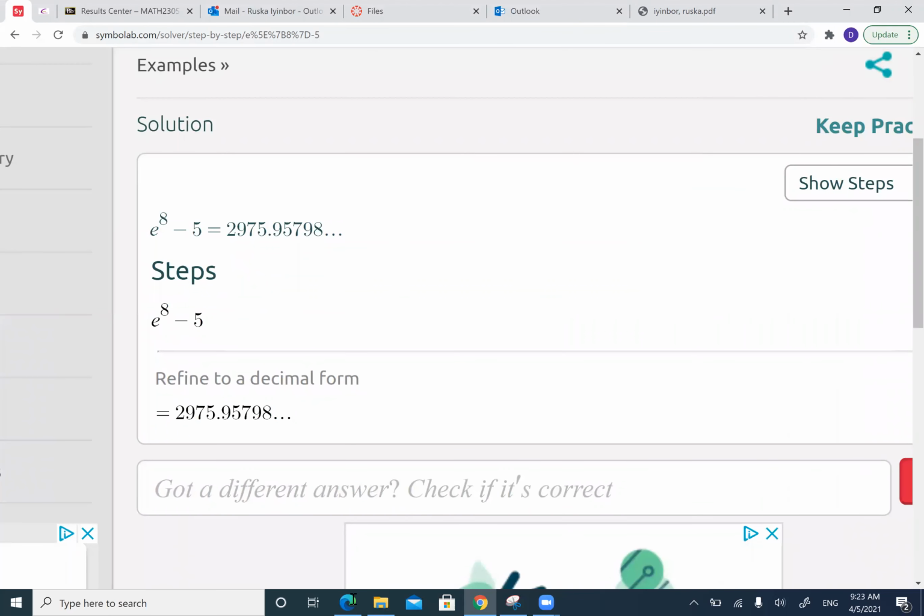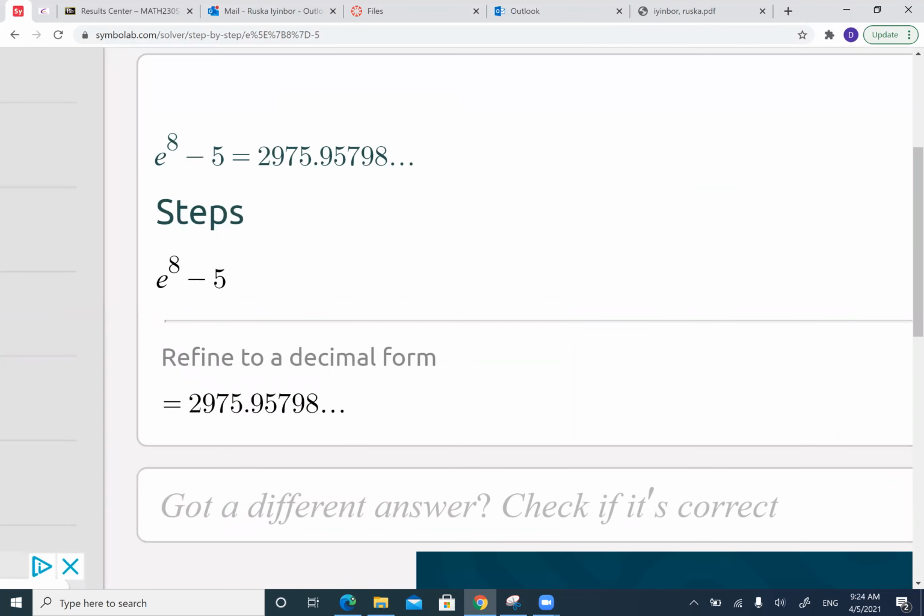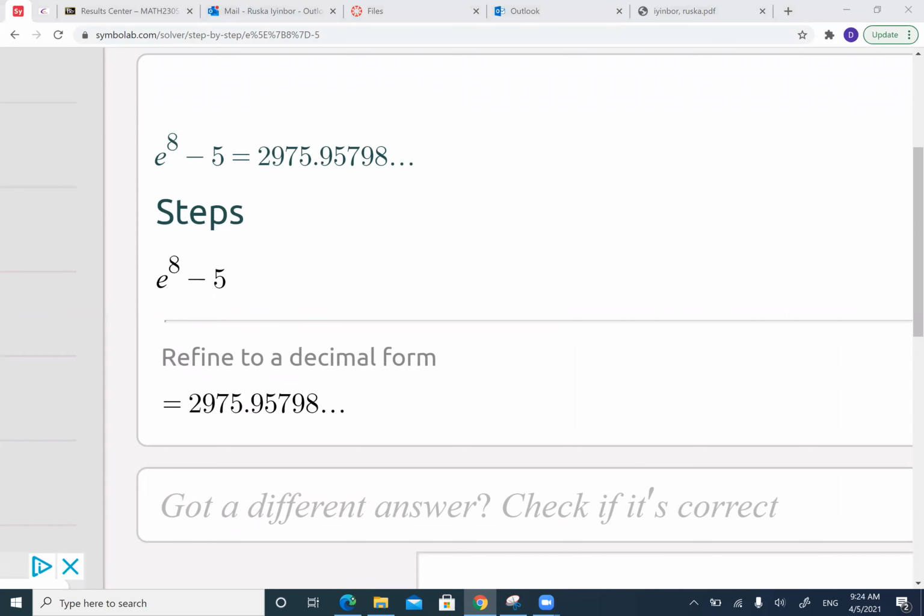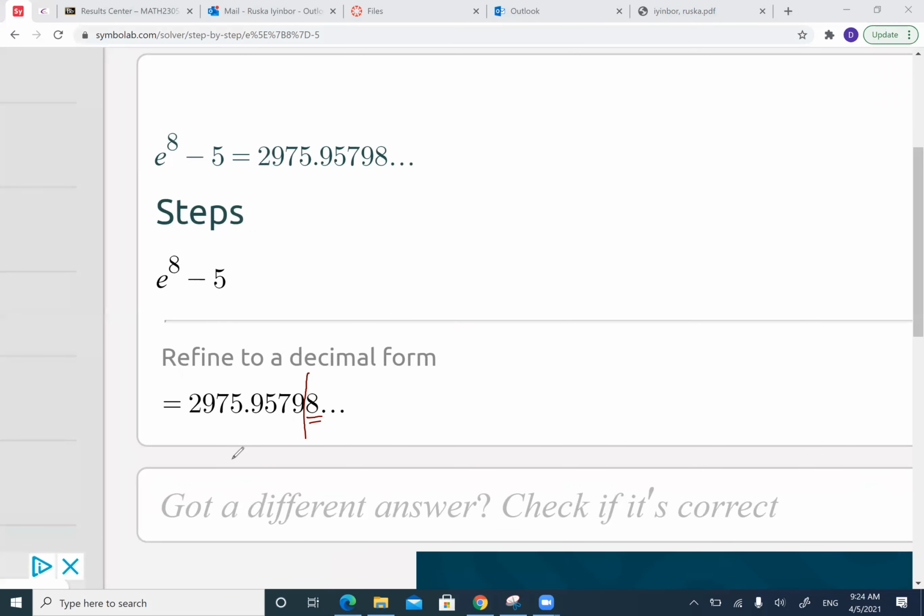Everybody see that? So if I want to round this to 4 decimal places, I'm going to look at the 5th number and round it. So it's going to be 2,975 point, when I add 1 to the 9, because 8 is bigger than 5, so that's going to be 79. When I add 1, it's going to be 80, right?